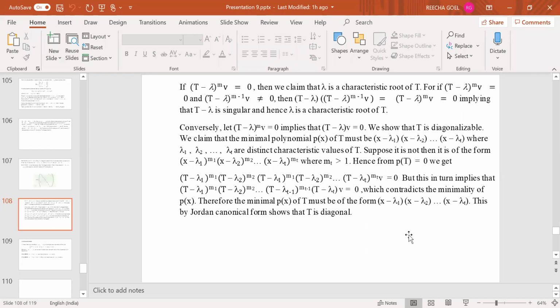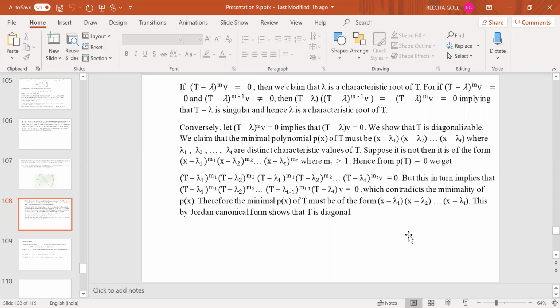Then if I am able to show that this particular vector lies in the null space of T minus lambda, or that T minus lambda itself is singular, then lambda will be the characteristic value of T.